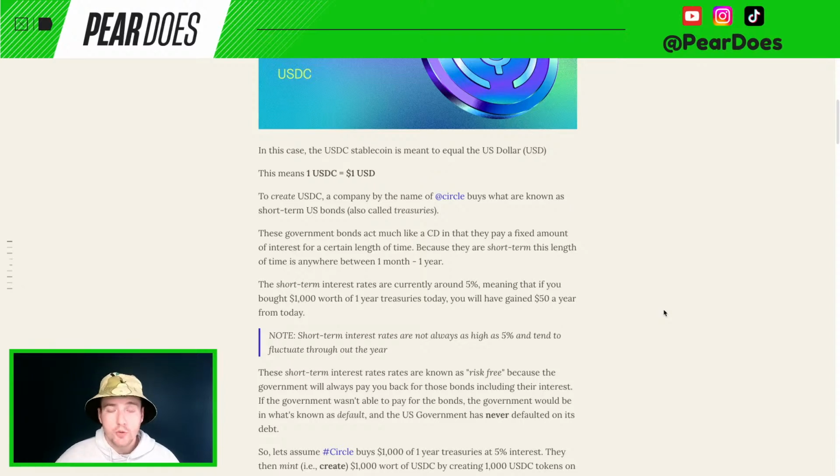So again, if the interest rate was 5% on these government bonds and you bought $1,000 worth, a year from now you would have gained an additional 5% or $50. These government bonds are, as we'll see, what make up the value of this US dollar coin.